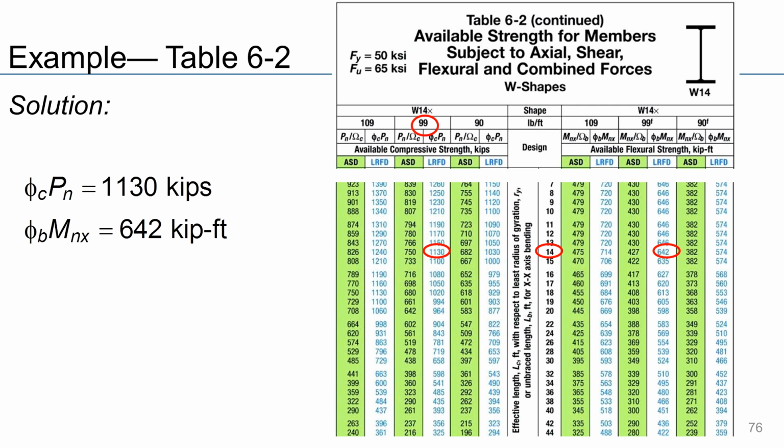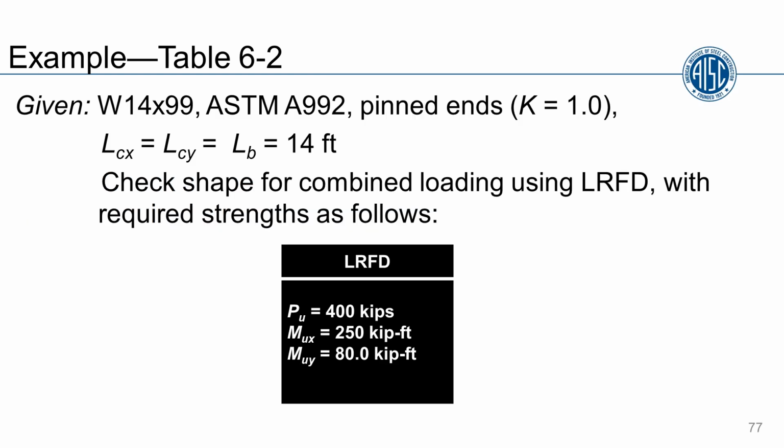In strong axis bending, reading across to the right, you're going to see it's good for 642 kip-feet at 14 feet. Comparing those, this is the original design we had. We required 400 kips and we required 250 kip-feet. We are exceeding both of those numbers with the values in the table.